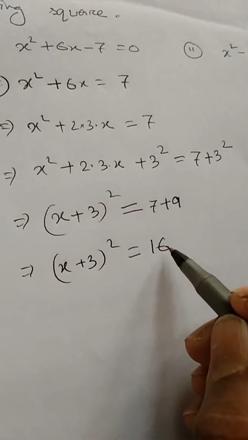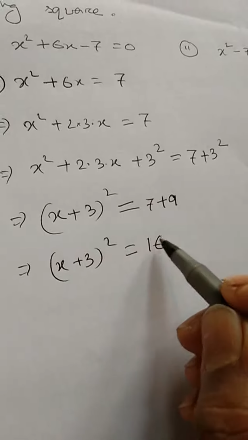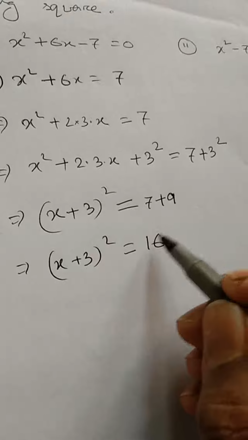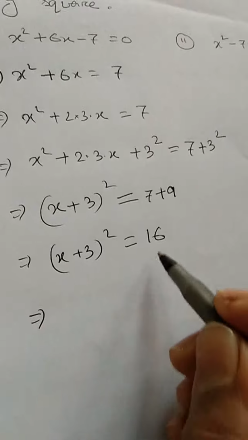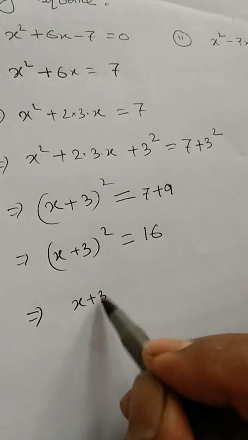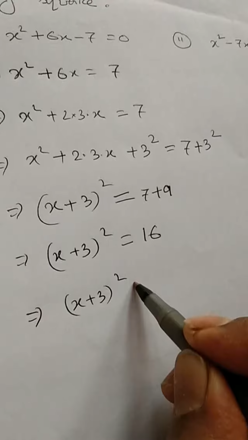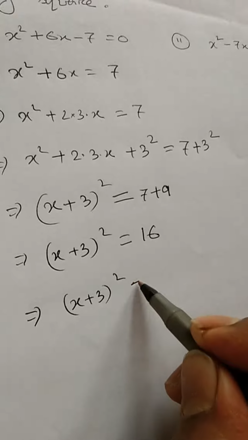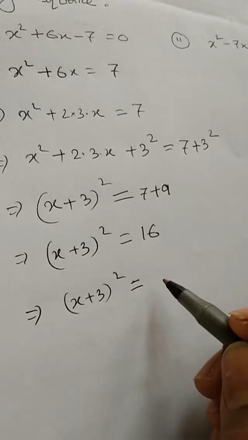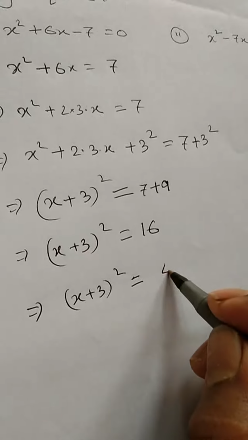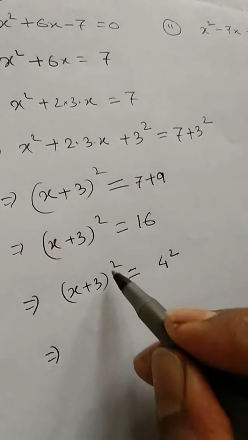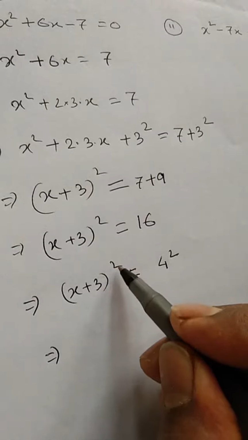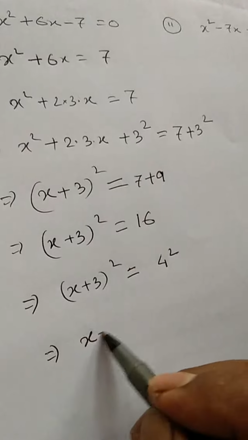Now if possible, in place of this we will write the square root of this number, or else we will keep it as it is. So here 16 we can write as 4².